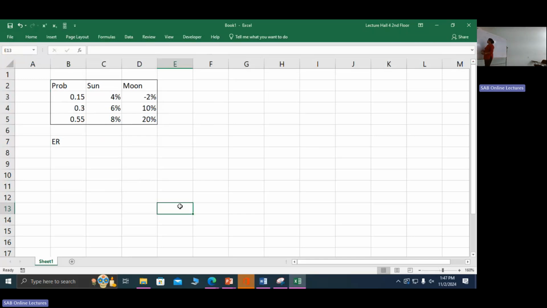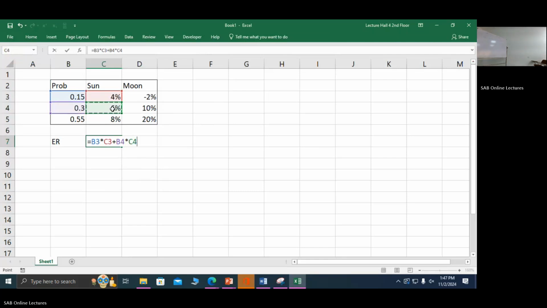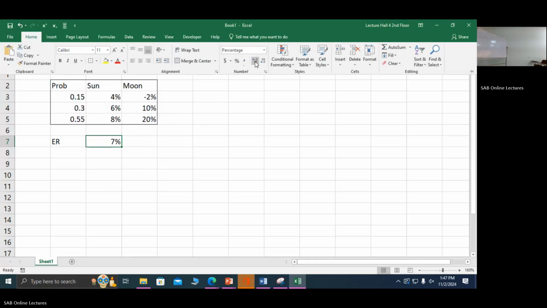So this is the expected return of sun. In the same way, calculate the expected return of moon. So what is the answer? Six point eight.